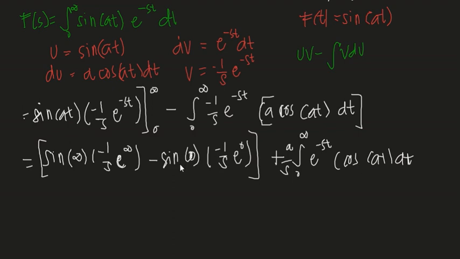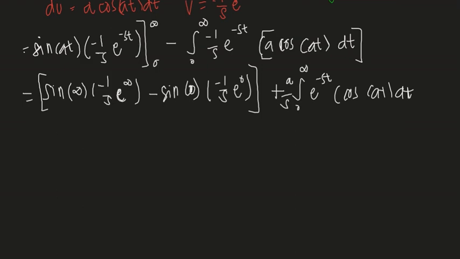Okay, so next, let us simplify sa aton nga equation. So, e raised to infinity will be equal to 0. So, all equation will be equal to 0. Next, sine of your sine 0 will be equal to 0. So, all equation will be equal to 0.